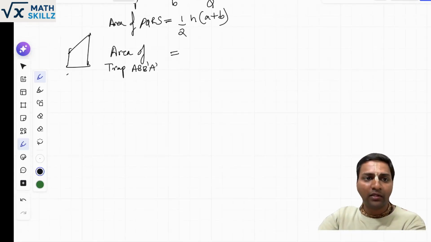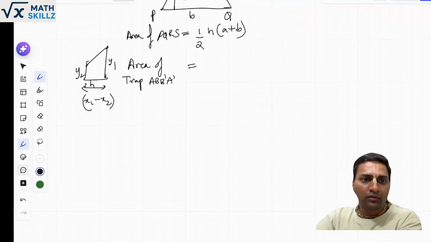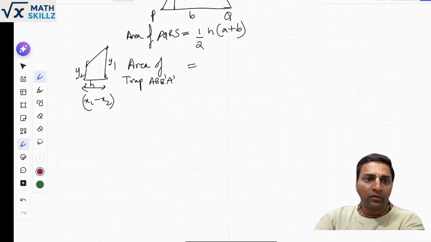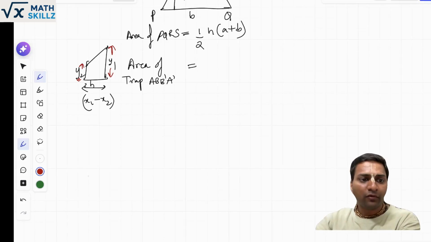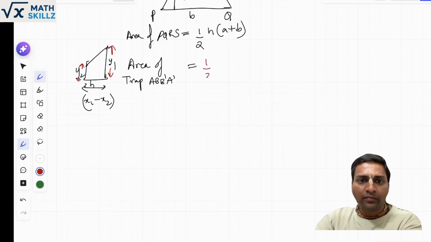So the height here is x1 minus x2, and the parallel sides are y1 and y2. By using the formula, the area of the trapezium is half into height (x1 minus x2) into the sum of the parallel sides, that is y1 plus y2.